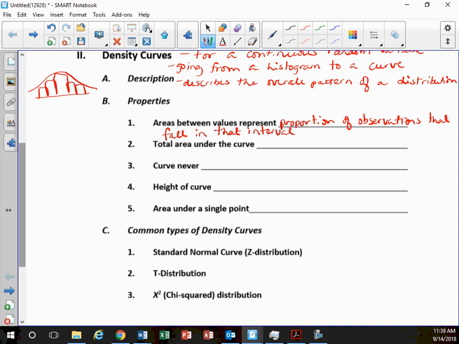So if you were to find the area under the curve, you know, all your calculus knowledge, you're looking at what percent fall in between those two barriers. What do you think the total area under the entire density curve is going to be? It's 1, because it's 100%, okay? And then just a few details. The curve never crosses the x-axis.